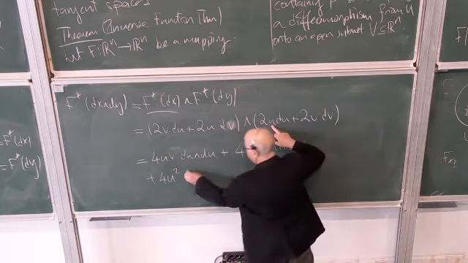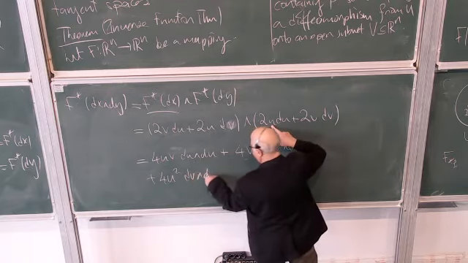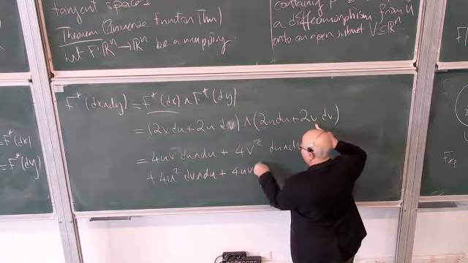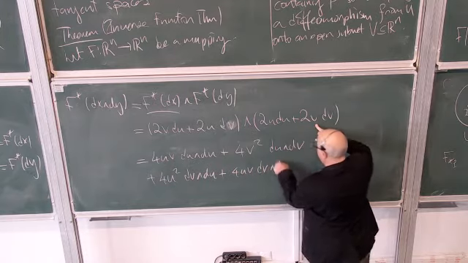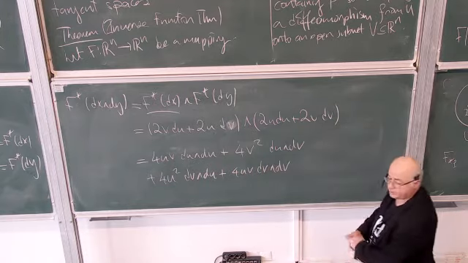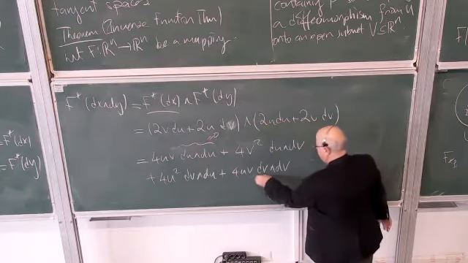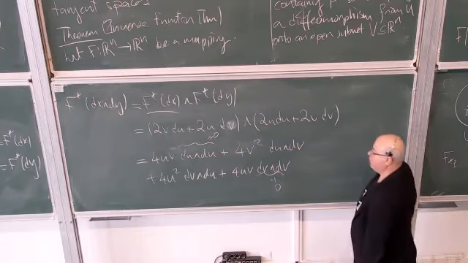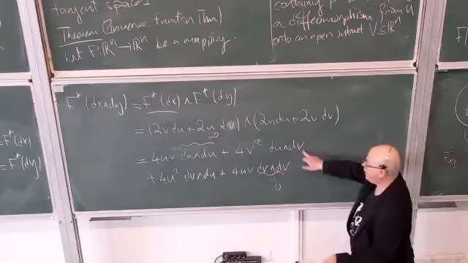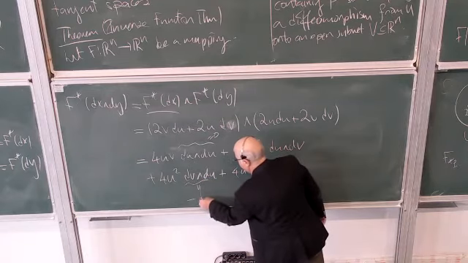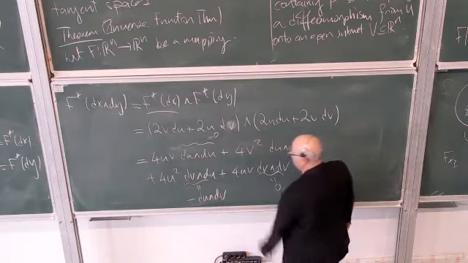4u squared dv wedge du plus 4uv dv wedge dv. Well, we know that this is 0 and this is 0. And du dv and dv du are inverses of each other, so this is just minus du dv.